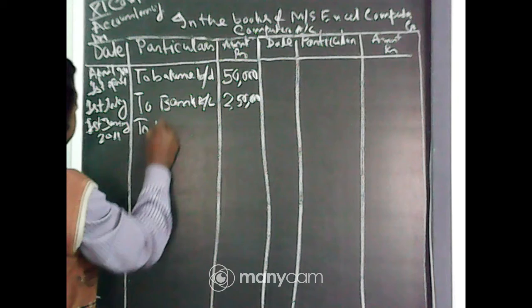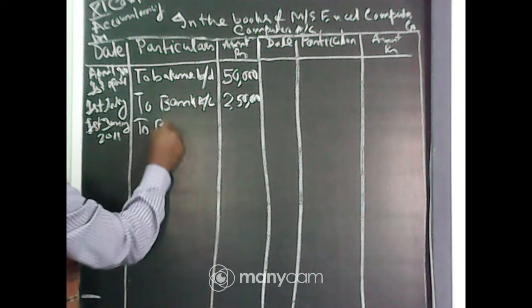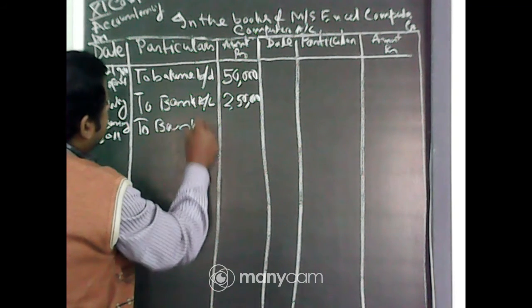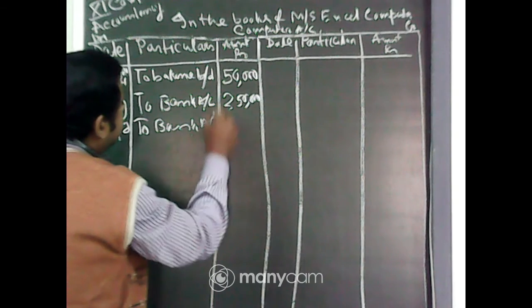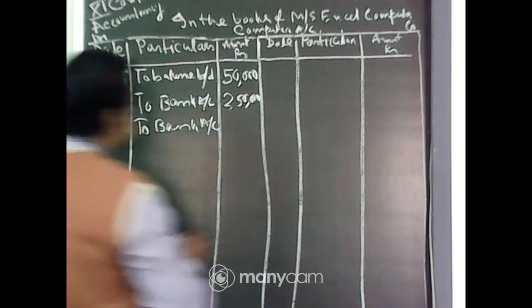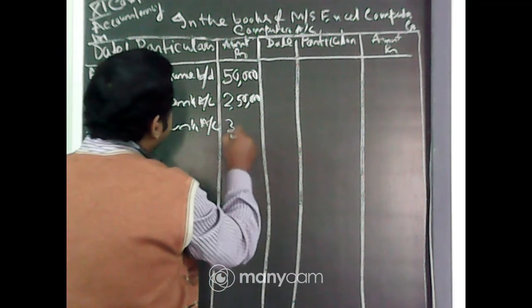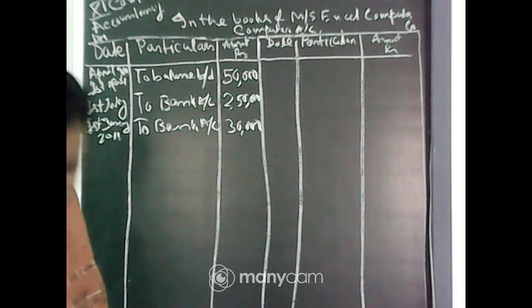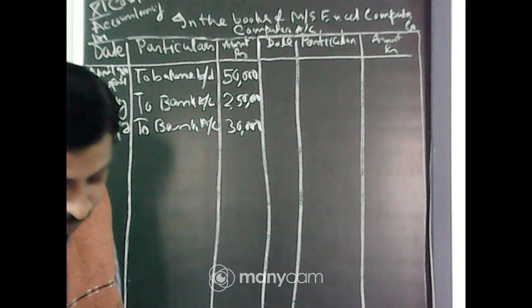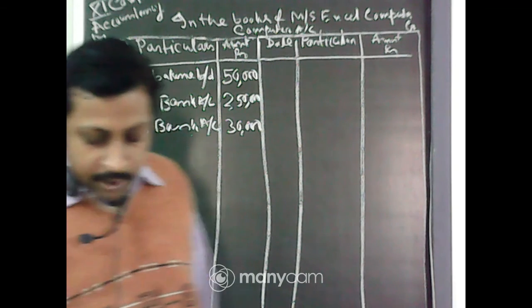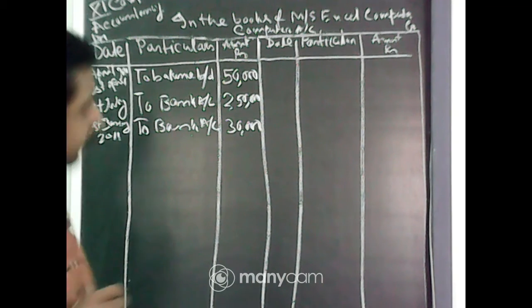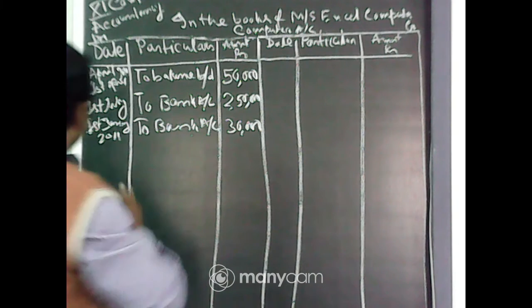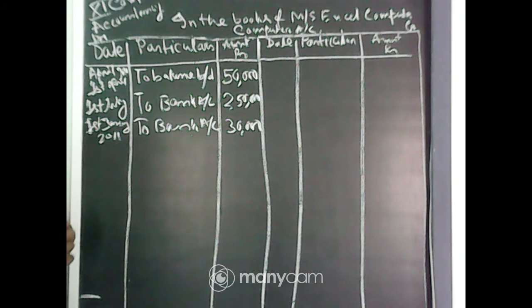Again the same entry, computers account debit to bank, so bank comes in the credit side as per ledger rules, 30,000. Is there anything else? No. Then they say on April 1, 2014, that comes later. So in 10-11 they purchased this machinery and nothing else happened.